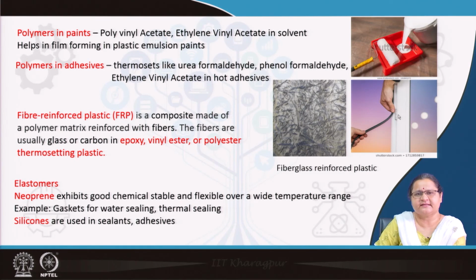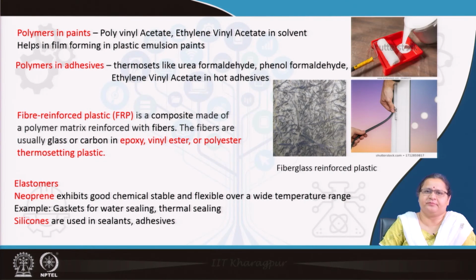So, the sealants are actually silicone based. These are various applications of plastics in our building domain. We may not remember them as plastics because plastic is the generic name, but we may remember it as silicone, as neoprene gasket, as PVC or acrylic sheet or polycarbonate sheet or HDPE tank.